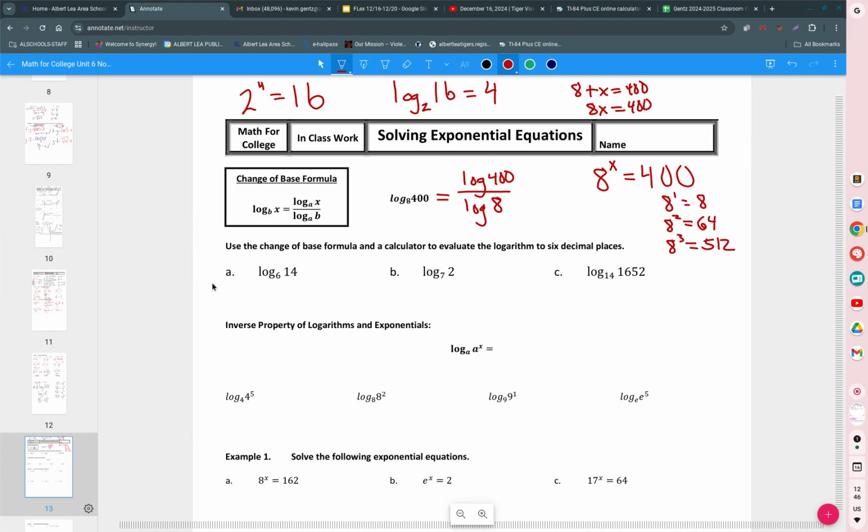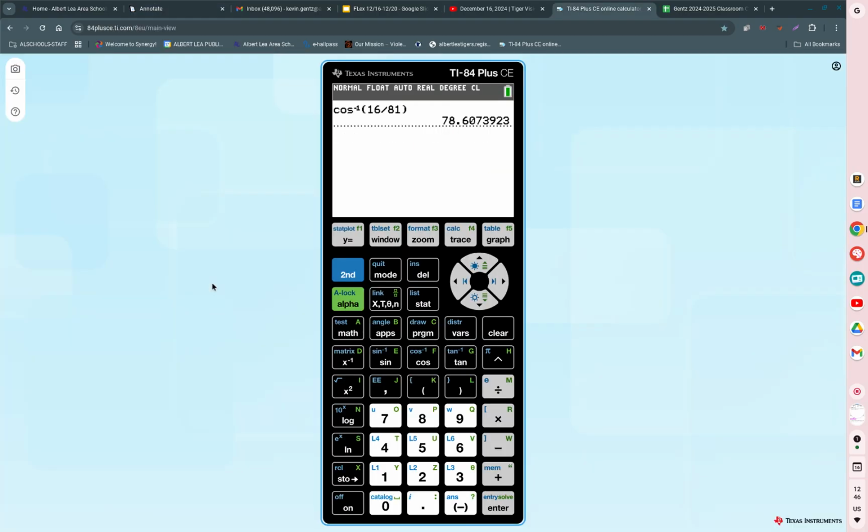I'm going to show you how to do it on mine, and then I need every single person here to verify that they can come up with the same decimal that I can. Because if you can't, that's going to be a big problem. I have the log of 400. I type that in. I close my parenthesis, and then I do divided by the log of 8. As I type that in, it gives me 2.88. And that's my result. You got that?